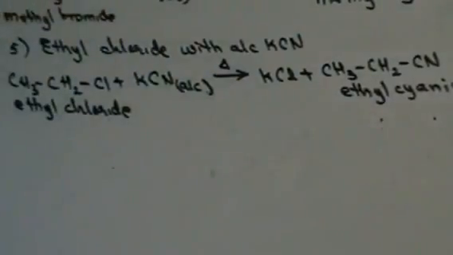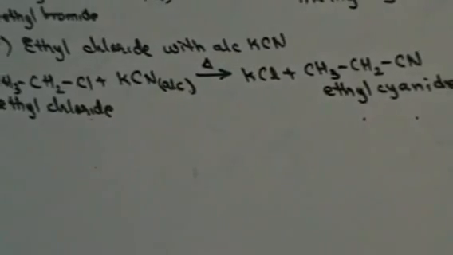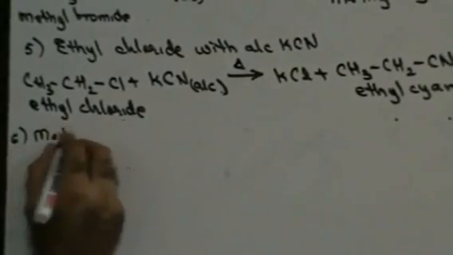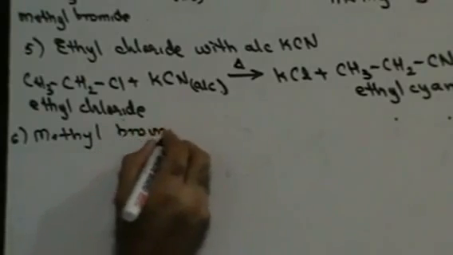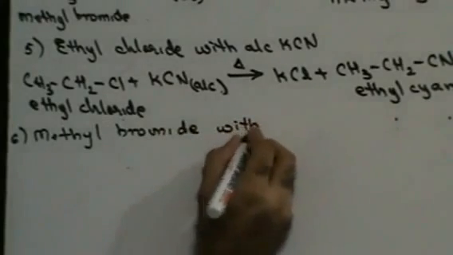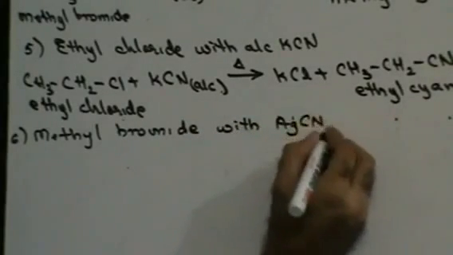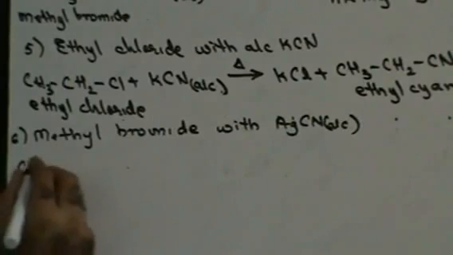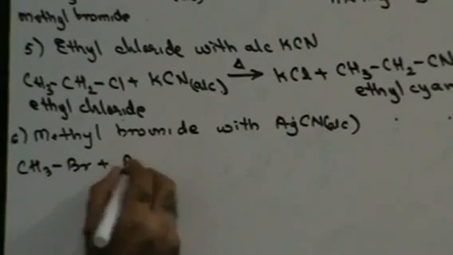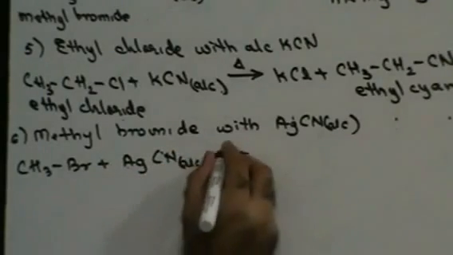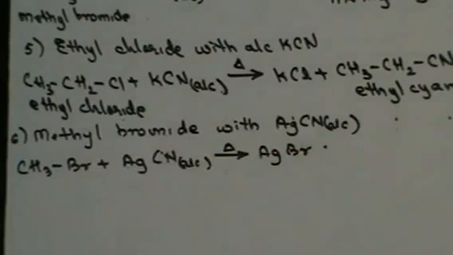Now you could also have substitution reaction by using silver cyanide. For example, what happens when methyl bromide reacts with alcoholic silver cyanide? Methyl bromide, CH3Br, reacts with AgCN, alcoholic. Right? Heat, silver reacts with bromine to give you silver bromide.